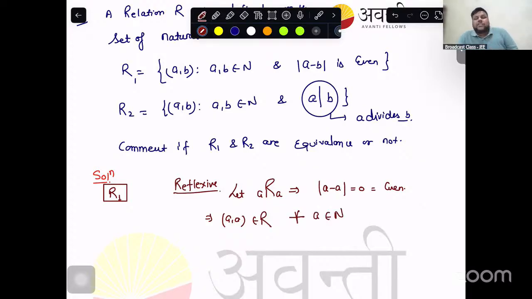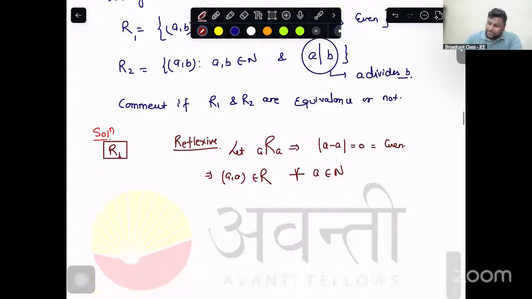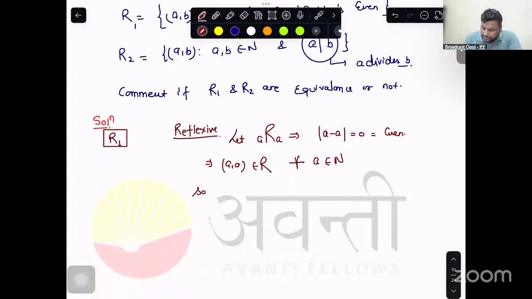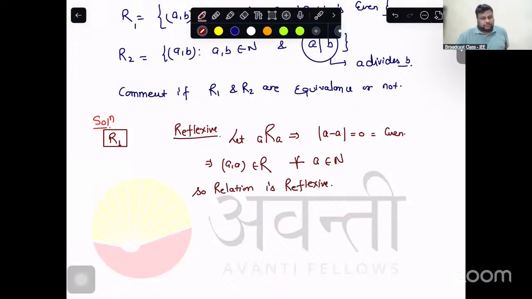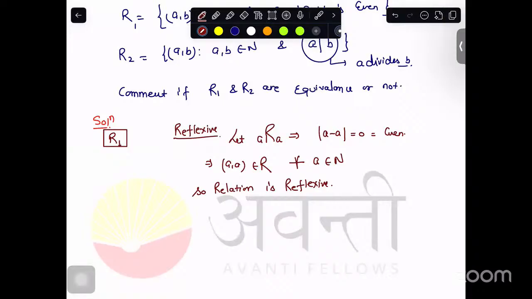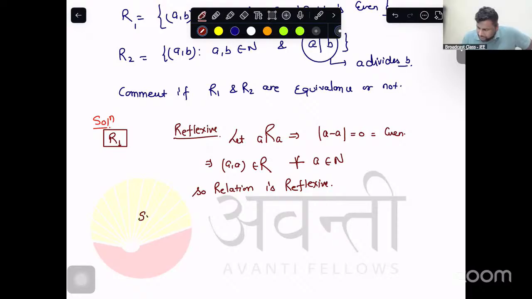Because every natural number, if it is subtracted from itself, what do you get? 0, which is considered an even number. So every element is related to itself. So the relation is reflexive. Are we clear about it? Yes, sir.